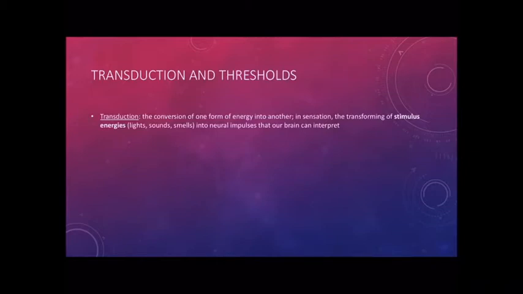And then when we get to auditory stimuli, hearing, that's the conversion of sound waves into electrical energy that we can then perceive in our brains. So just be aware that transduction has to do with changing from one form into another form, one type of energy into another type of energy.